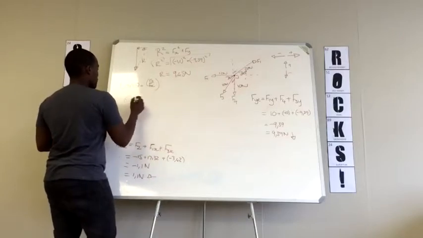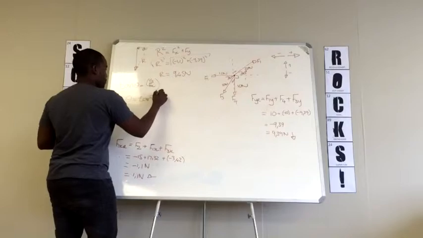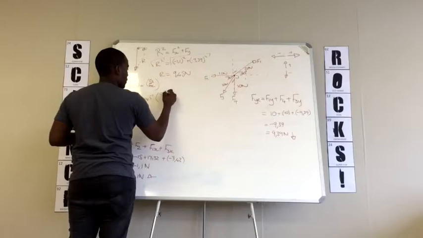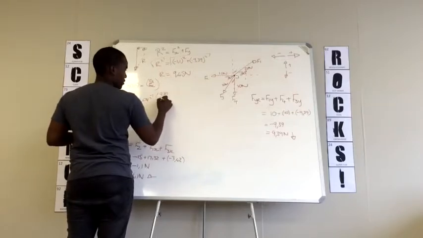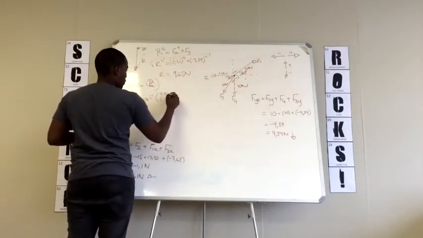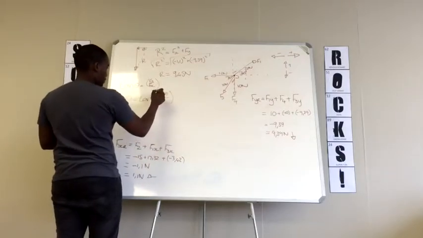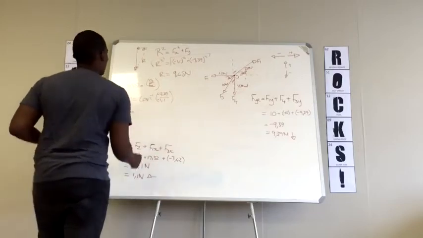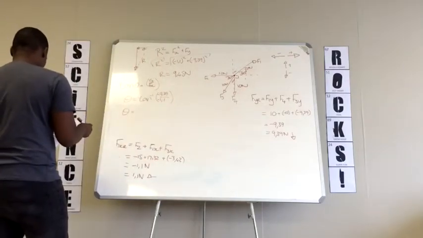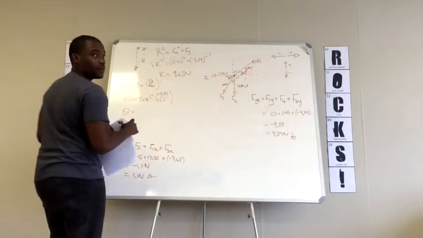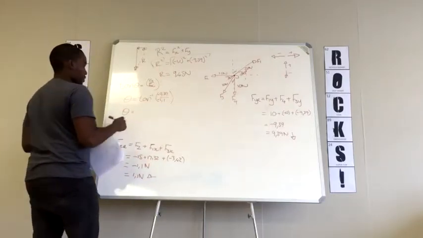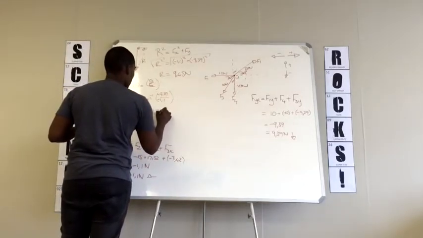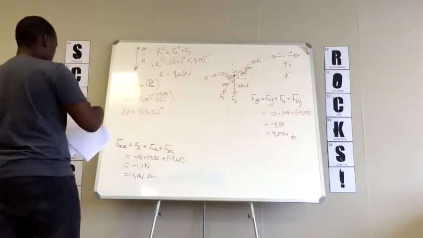So theta is going to be the inverse tan of my fy, 9.39, over my fx. Sorry, they're both negative actually, negative 1.1. And then what's my theta? 83.32 degrees. Is that my final answer?